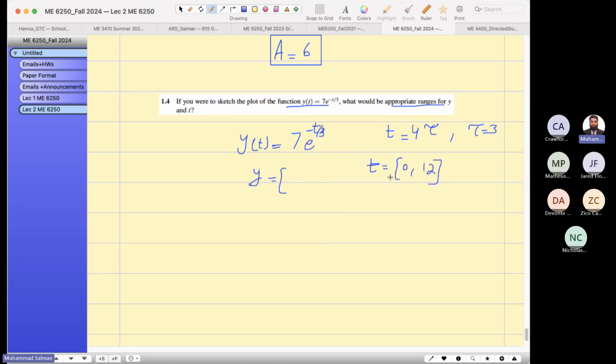It looks like this plot. After all, it will go down to 0 at 4 times the time constant, starting from the maximum value, which is 7.